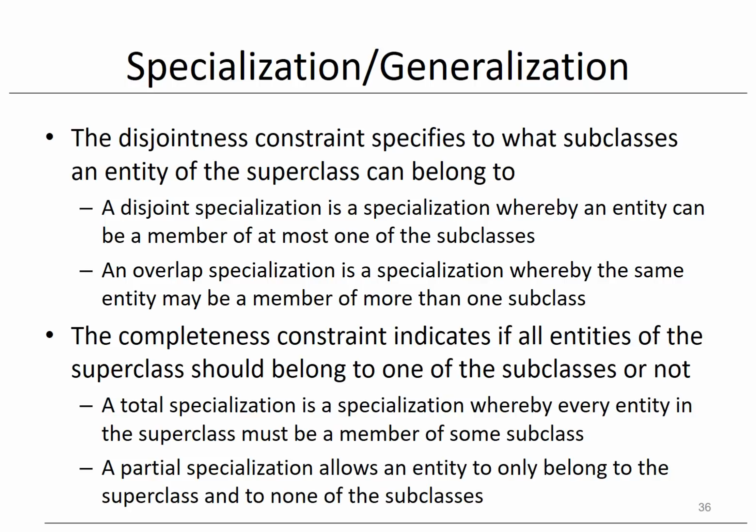A partial specialization allows an entity to only belong to the superclass and to none of the subclasses. The disjointness and completeness constraint can be set independently, which gives four possible combinations: disjoint and total, disjoint and partial, overlapping and total, and overlapping and partial. Let's illustrate this with some examples.